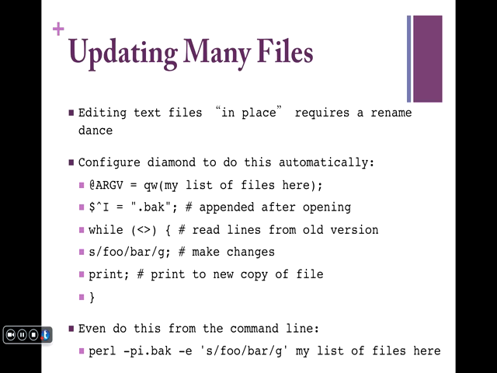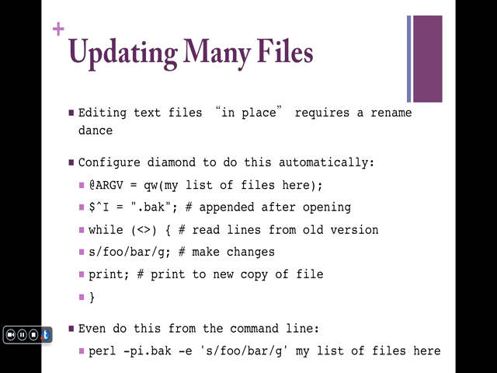The trick is in the second line. When I say $^I equal to the string .bak, this is gonna make the whole code understood totally differently by Perl. Perl will know that no longer are you getting the input from the keyboard, but you're gonna have the input from files that are already named in the argument v.